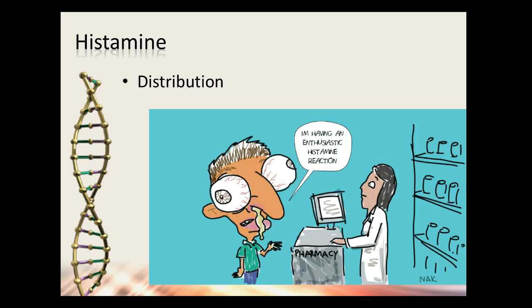Well, look at this person here, and I'm using an example of someone having environmental allergies, perhaps, because it looks like he has some bloodshot, itchy eyes, runny nose, and just not feeling good. Goes to the pharmacy, and of course you're not going to say, yes, I'm having a histamine reaction. Most people would say, I've got these symptoms going on, what is this? So that's what we have these antihistamines for, which we'll talk about.